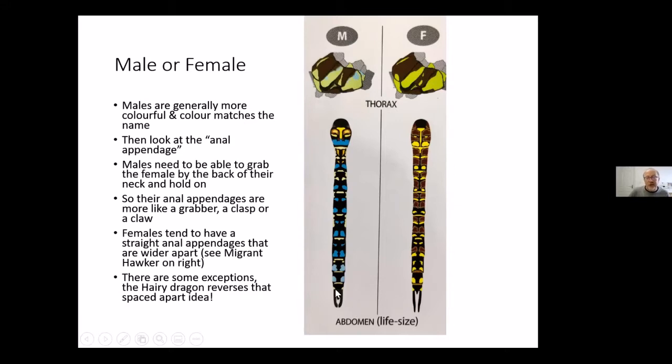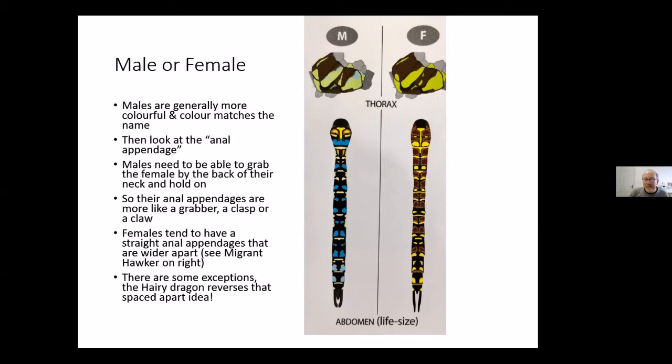Now, as we're going to come on to, they mate by the male grabbing the female by the back of the neck and not letting go until the deed is done. They are really not politically correct dragonflies. So the male grabs the female by the back of the neck, and in order to do that, they have to have an anal appendage which is like a caliper, like a grabber.